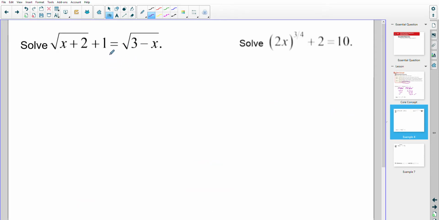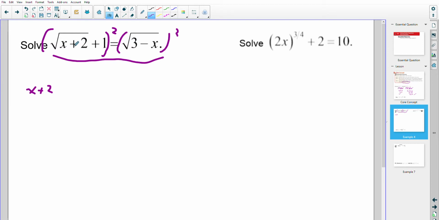Other things can happen, and this is an extremely long problem because the only way to get rid of these radicals is to square both sides. And look and see what happens when you square both sides. You're going to get a huge polynomial on that side. So it becomes x plus 2.